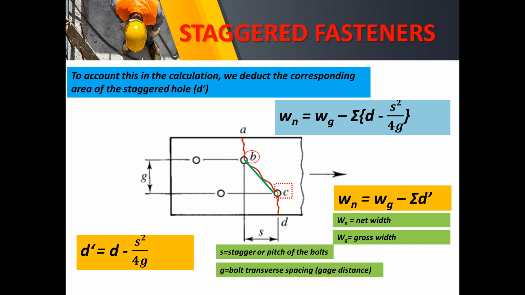There will be pitch, so that implies that we have the whole equation to work with. There will be a gauge distance as well as the pitch. Again, the diagonal implies that there will be S, or stagger or pitch of the bolts. Then we emphasize that d prime shall be calculated through this formula.